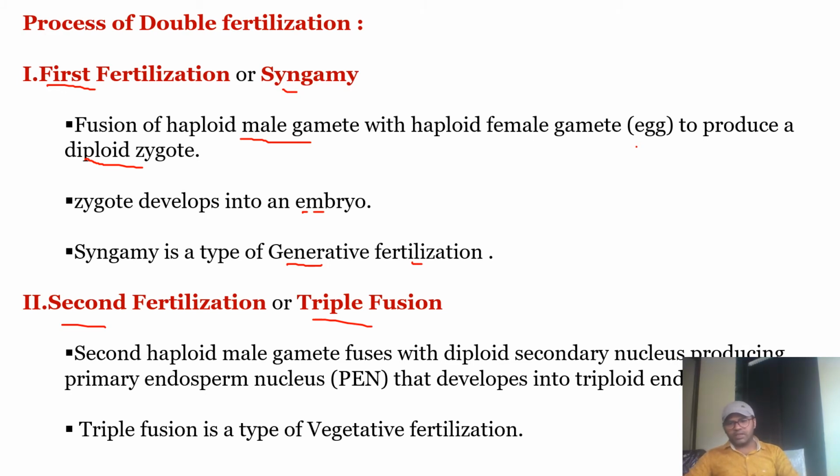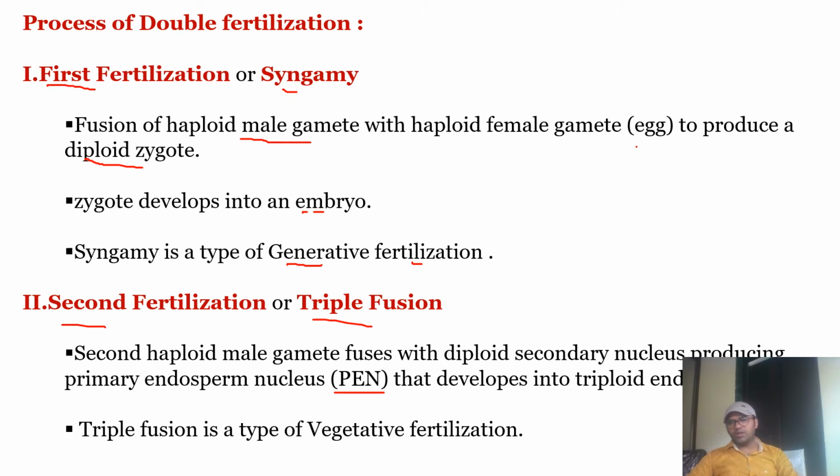It is generative fertilization because it will develop into an embryo. And second fertilization: one of the male gametes fused with the egg. Now another one fuses with the primary endosperm nucleus, where there are two nuclei. So both are again haploid.